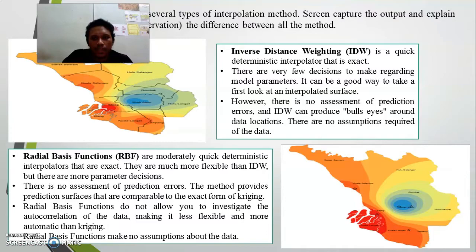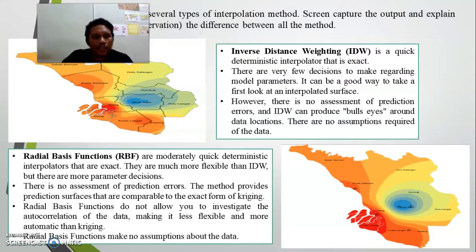There are some decisions to make regarding the model parameters. It can be the best way to take a first look at the interpolated surface. But there is no assessment of the prediction error, and IDW can produce a bullseye around the data locations, but there is also no assumption needed for the data.